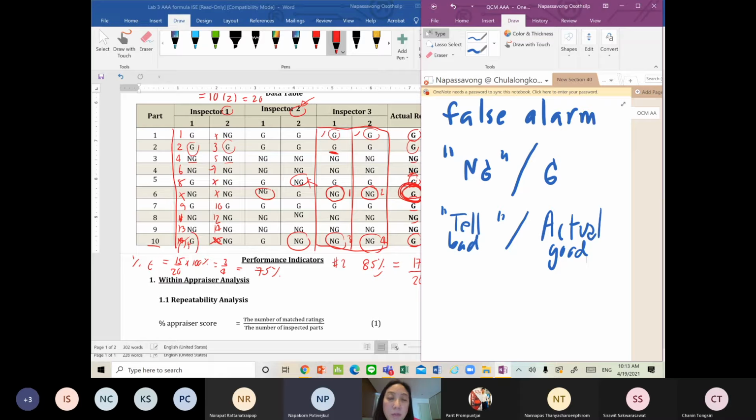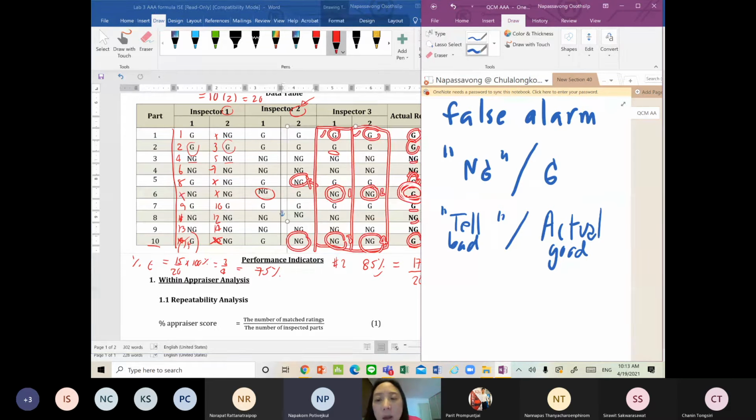If an inspector believes that this part is bad, right? But note that in this case, that part is not really bad. That part actually is really good, or it may contain a defect which is small, okay? Actually it's good, but an inspector believes that it's bad, okay? Good means that it may contain defects, but that defect is very small.